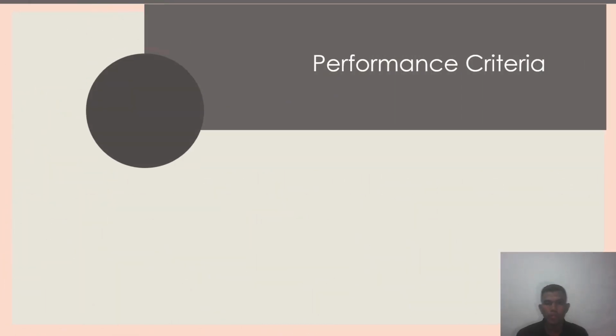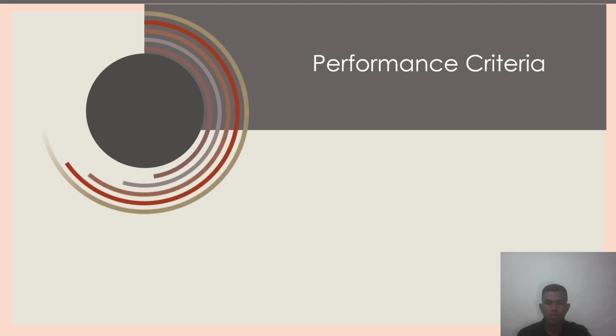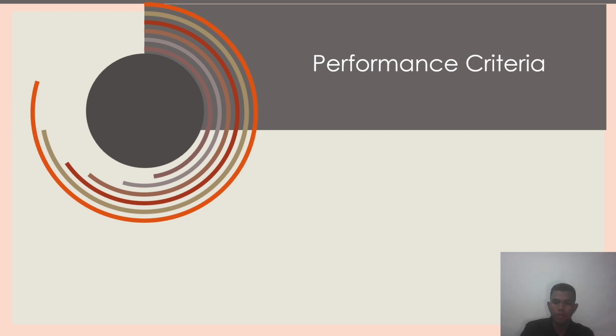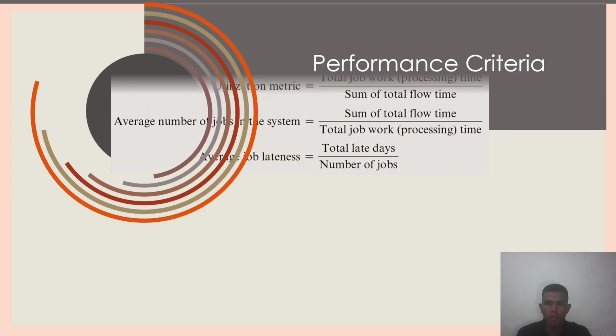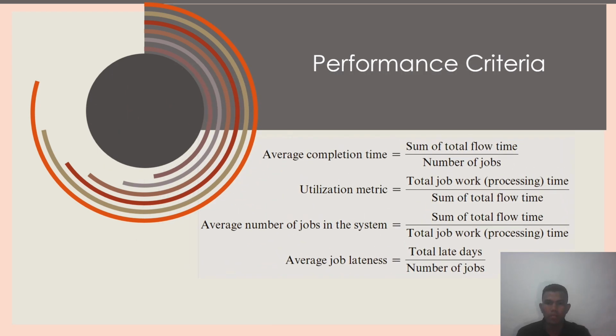Performance criteria. The choice of which priority rule to use depends in part on how each rule performs on four criteria. The priority rules try to minimize completion time, maximize facility utilization, minimize the number of jobs in the system, and minimize job lateness. These performance criteria incorporate the concept of flow time, which measures the time each job spends waiting plus the time being processed.